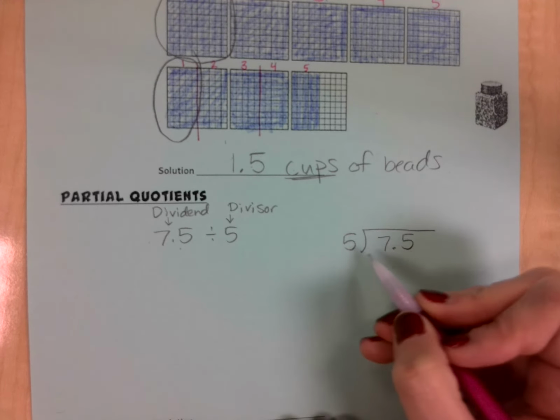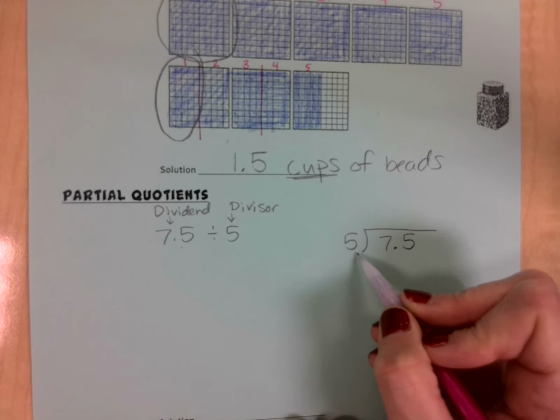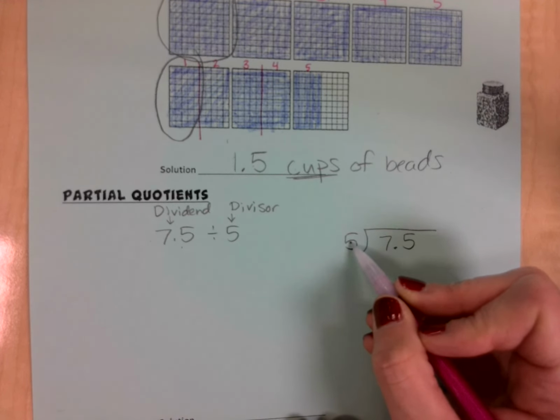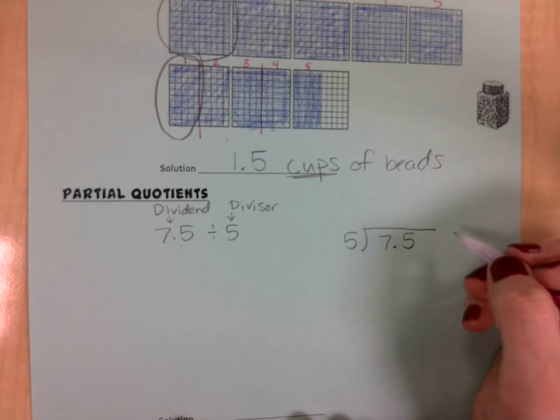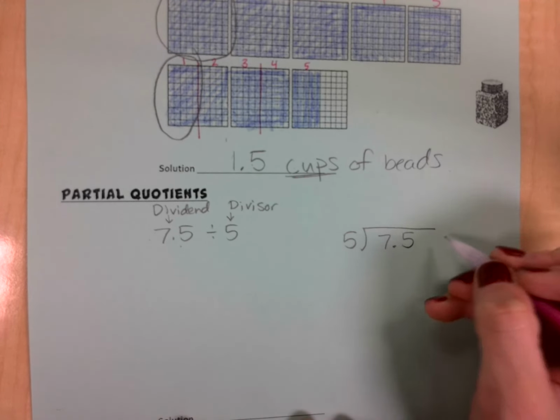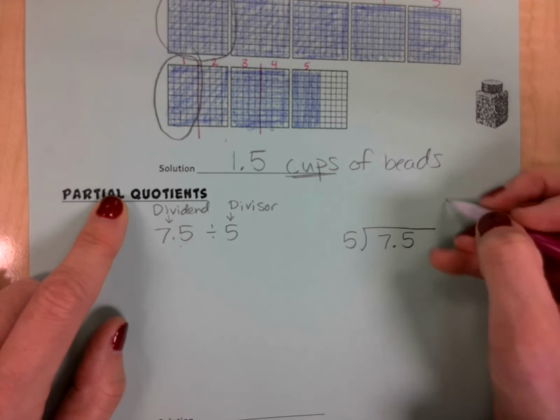And now, what I want to point out for the future is that our divisor is a whole number. So we have a nice even amount of groups because they're jars, right? We can't have a part of a jar. So what you are going to do when you're doing partial quotients is, well, you get to do it again.